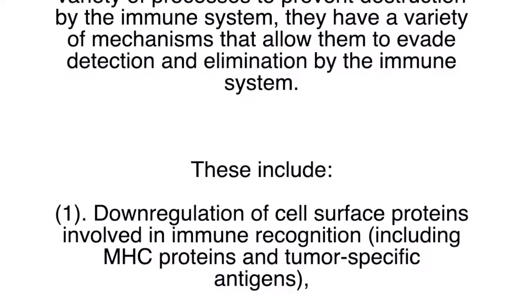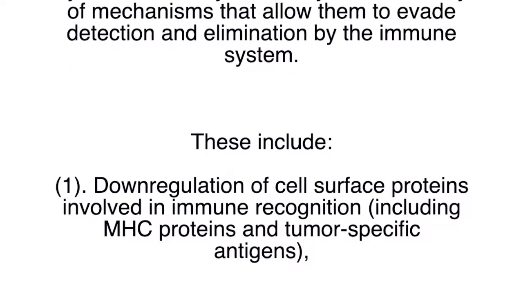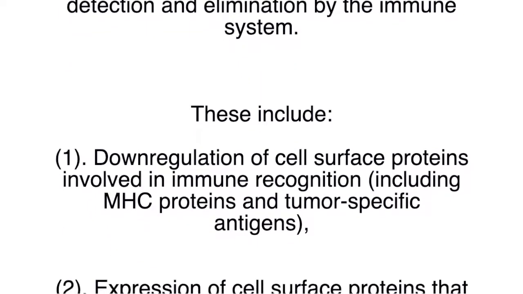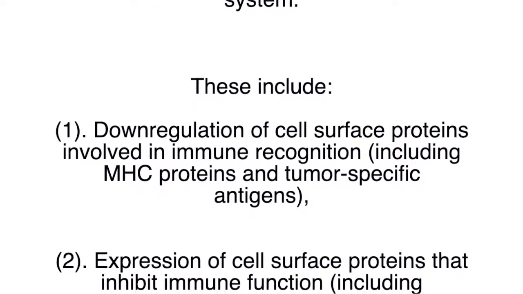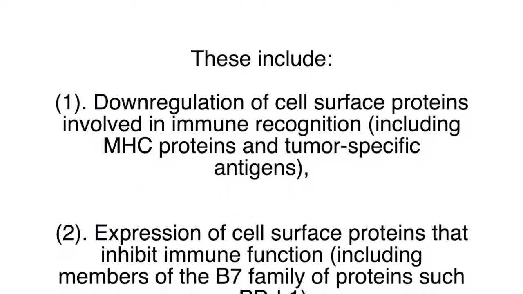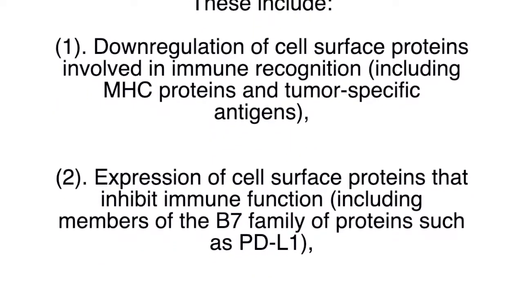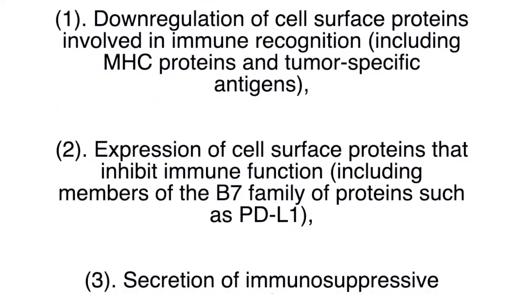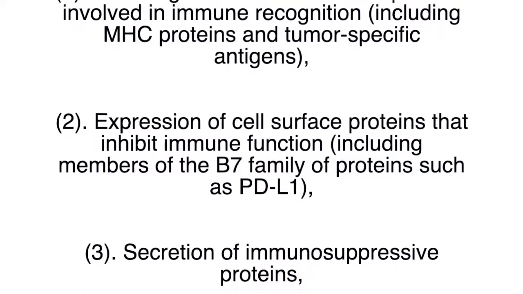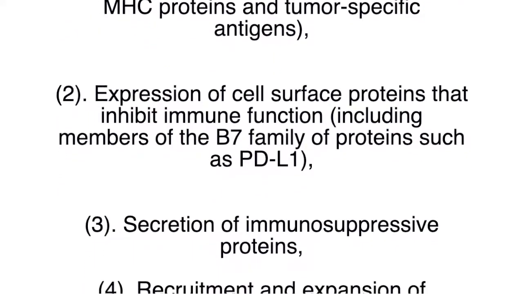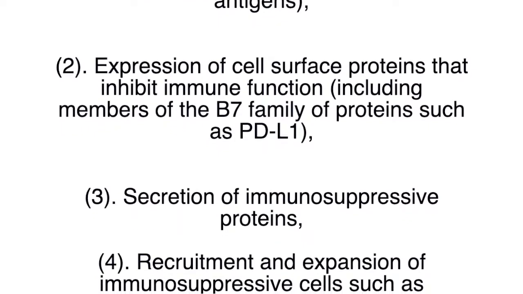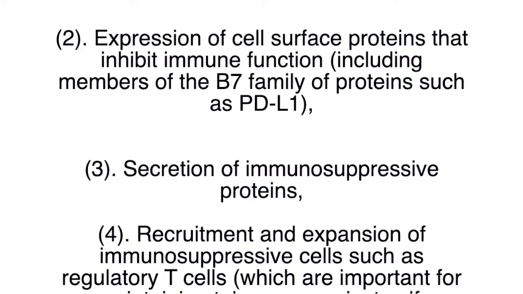These include: 1. Down regulation of cell surface proteins involved in immune recognition, including MHC proteins and tumor-specific antigens. 2. Expression of cell surface proteins that inhibit immune function, including members of the B7 family of proteins such as PDL1. 3.